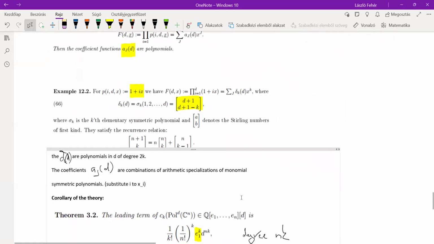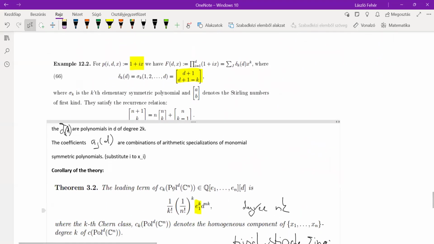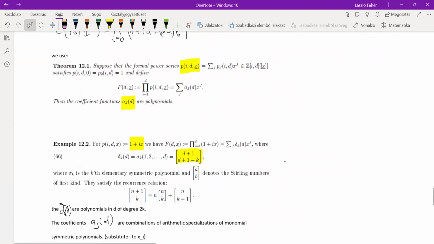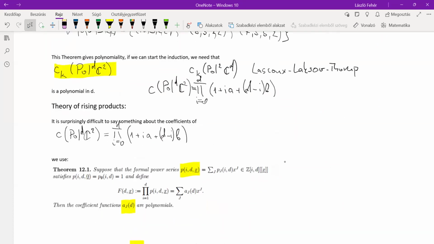So what are the motivic Chern classes of PolyDC2? Sorry, I should show PolyDC2 somewhere. Yes. So instead of this, we are looking for the motivic Chern classes. PolyDC2.